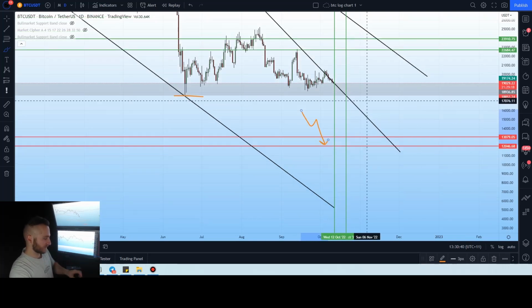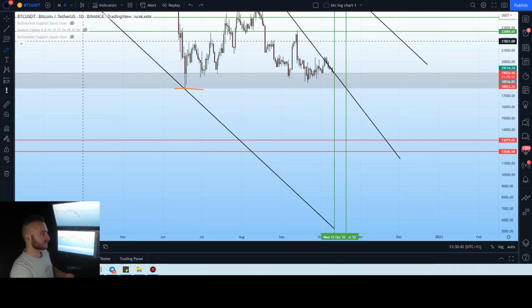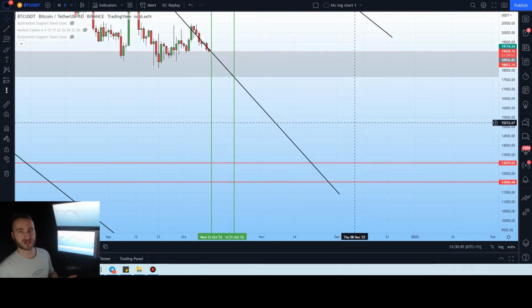And if you go ahead and look at the chart, you can see there's two green lines. And we're coming up to the most important time for price action.